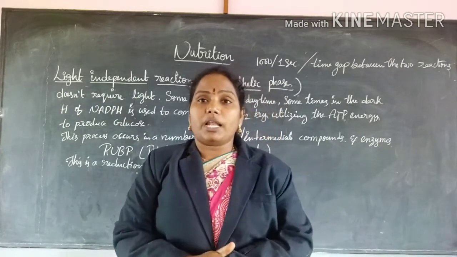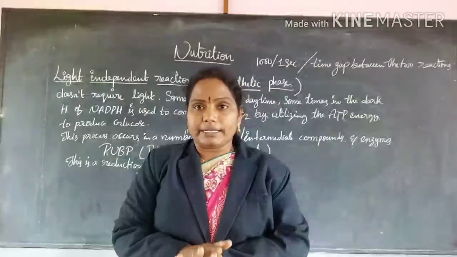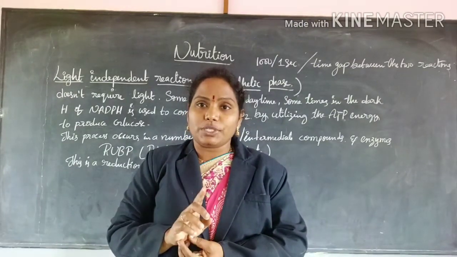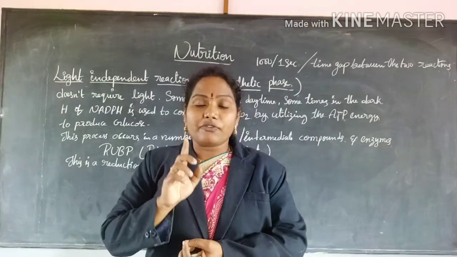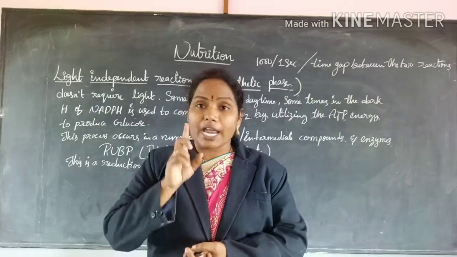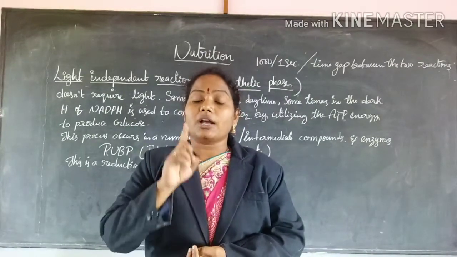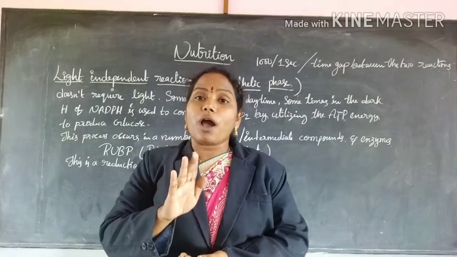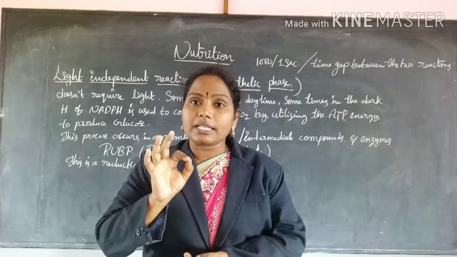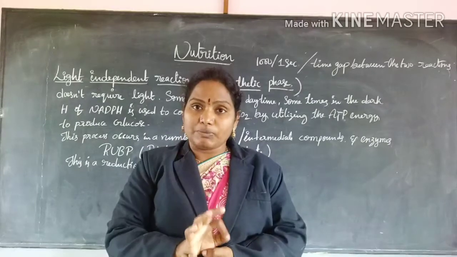So here once more I am telling that one. In the third step of light dependent reaction, NADP combines with the hydrogen H plus ion and forms NADPH. So in this NADPH, hydrogen is there. That hydrogen is combined with carbon dioxide to form glucose, C6H12O6, and here the energy is utilized in the form of ATP.